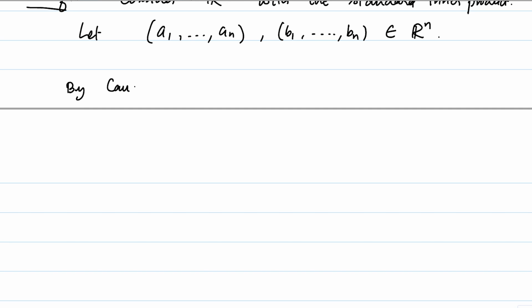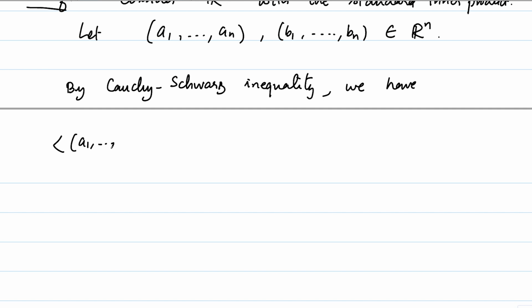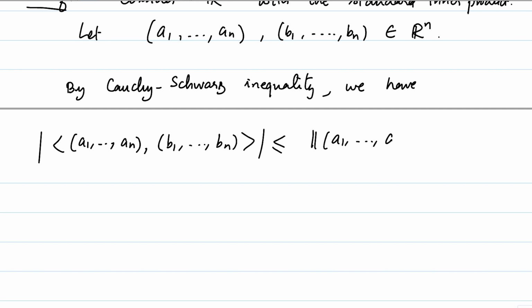By the Cauchy-Schwarz inequality, we have the absolute value of the inner product of a1 to an comma b1 to bn is less than or equal to the length of the vector a1 to an times the length of the vector b1 to bn. This is precisely what the Cauchy-Schwarz inequality says.